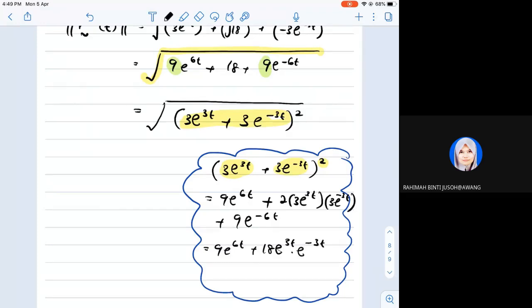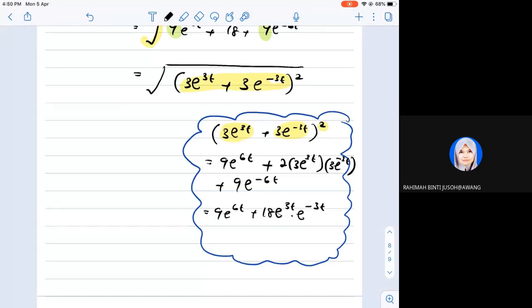So dia jadi apa guys sebenarnya? 3T tolak 3T jadi eksponen... come on engineers, 3T darab eksponen negatif 3T jadi apa? 1. Eksponen kosong. Yes, eksponen 0 kan? 3T tolak 3T, so jadi 1 isn't it? So benda ni akan jadi 1 ni.